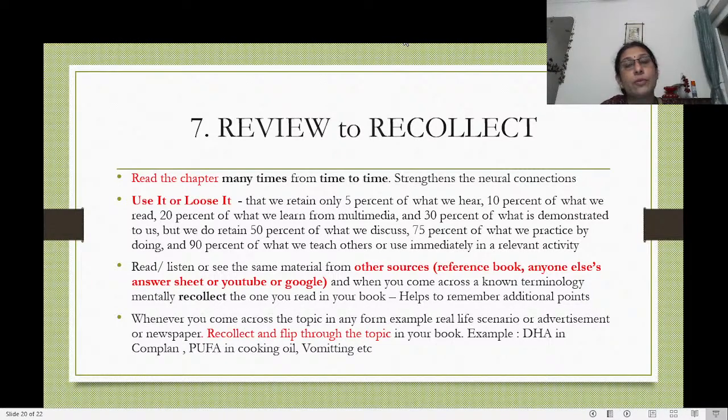Another example could be when you see somebody vomiting. Of course, you go help the person clean up and all of that, help the person recover, give him some water. All those things are fine. That's the humanitarian part of it and the medical part of it. But coming to your biology remembering thing, whenever you see vomiting, try to remember what is the scientific or the biological term for vomiting.